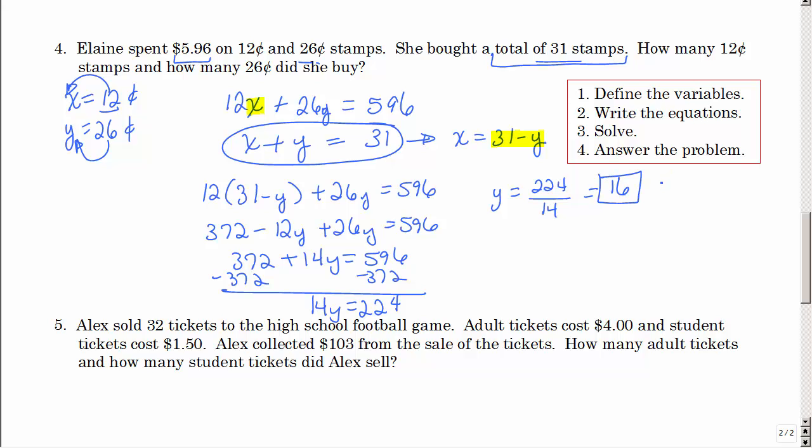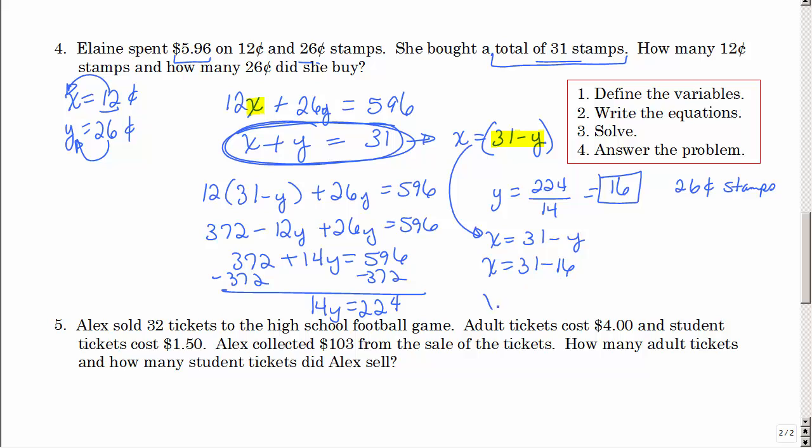So I have 16 26-cent stamps because that was y. Now, if I'm going to go back to the same equation and get x, since x equals 31 minus y, using that one, 31 minus 16, I have 15 12-cent stamps. So make sure you understand how to set up those money problems.